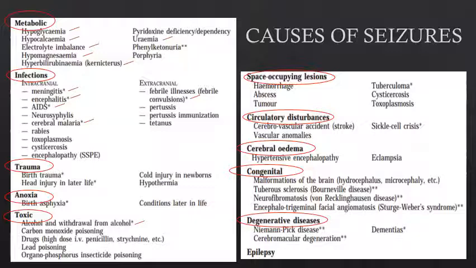Then we have degenerative diseases, such as dementia. And finally, we have epilepsy, where the seizures occur without any underlying acute causes.